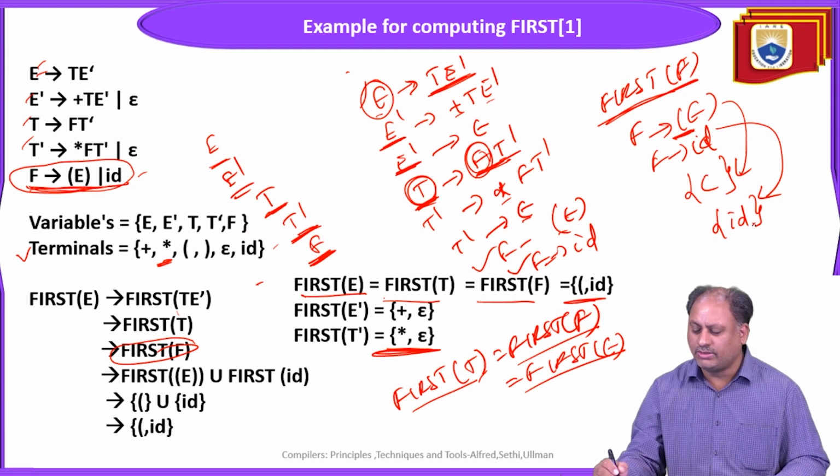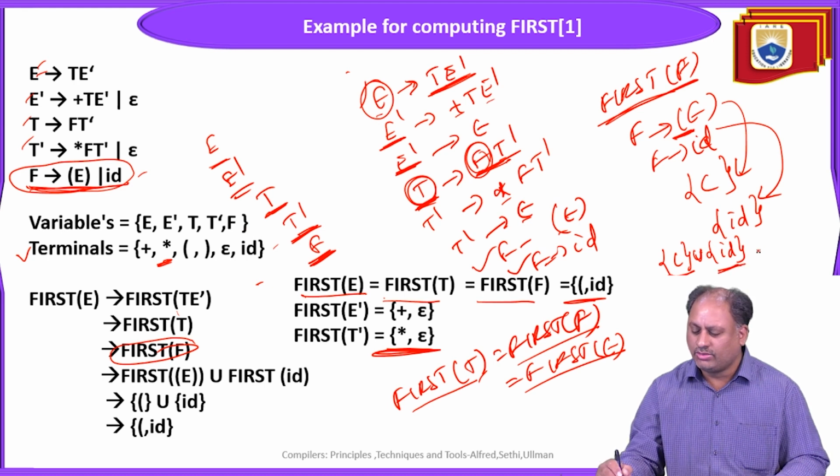Since it is a terminal, we include the identifier in the result also. So we consider the left parenthesis, union the identifier. This is for F derives parenthesis E, and this is for F derives id.